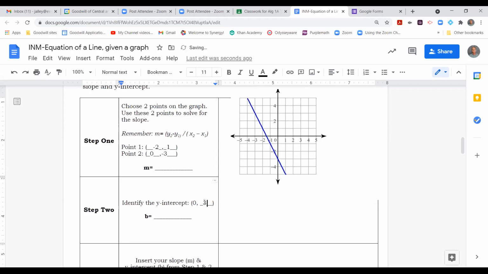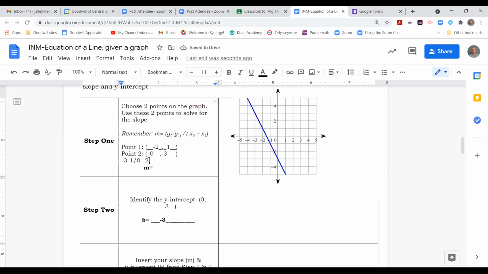This is my whole point about seeing and working with these graphs. Take what they're giving you. The Y-intercept is -3. I know that already because I can see it right there. 0, left and right, down 3. That's 0, -3. So if we're going to do the calculations, this becomes -3 minus 1 over 0 minus 2.